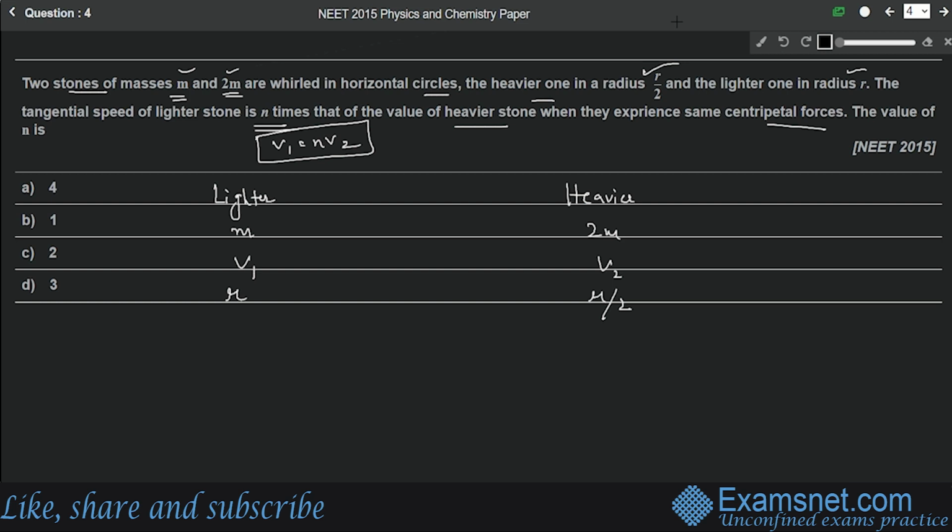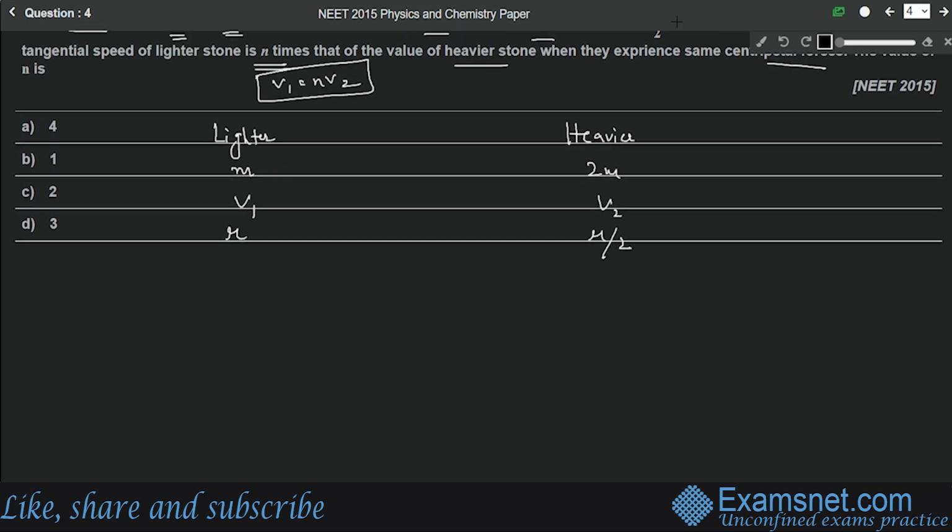So let's check. We know that they experience the same centripetal force, so Fc1 equals Fc2, and the centripetal force is equal to mv square by r. So let's put the values. For the lighter one, it will be m into v1 square upon r. For the heavier one, it will be 2m into v2 square by r by 2. So r and 2 will go on the numerator side, right?